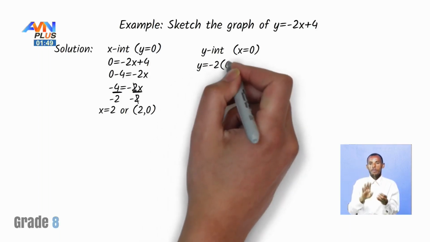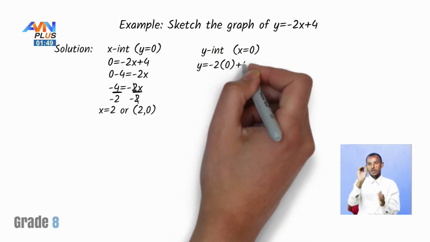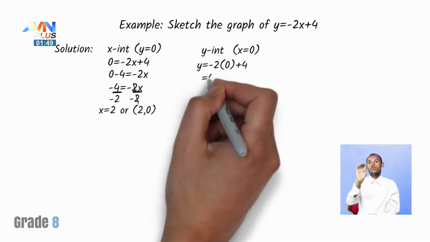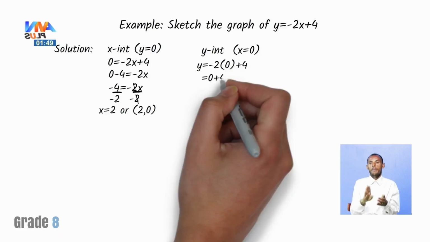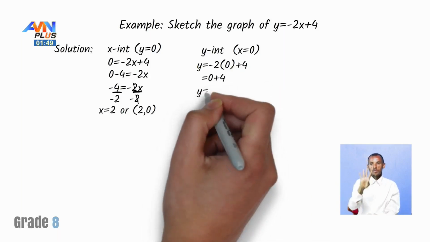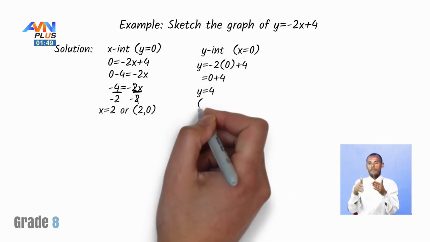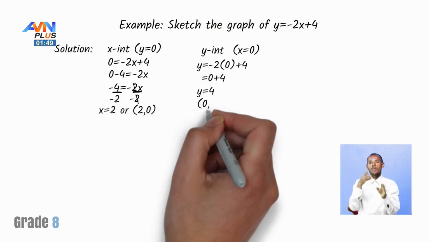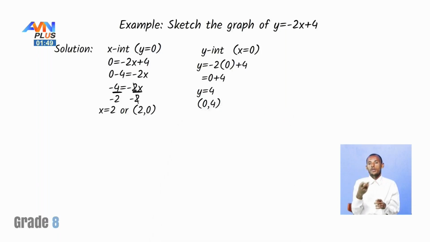Minus 2 times 0 is 0. 0 plus 4 is 4. Okay, so the graph crosses the y-axis at positive 4. Or you can take an ordered pair (0, 4).